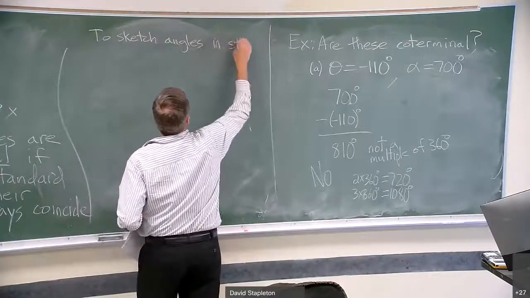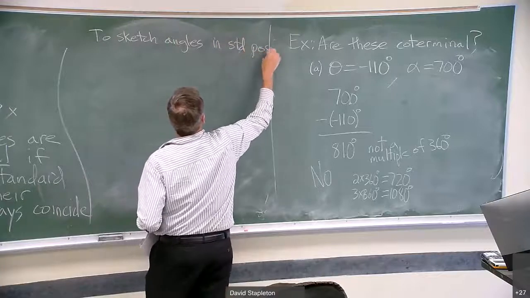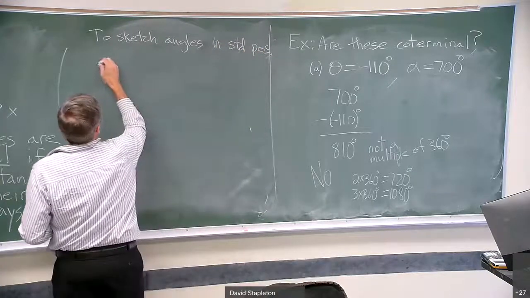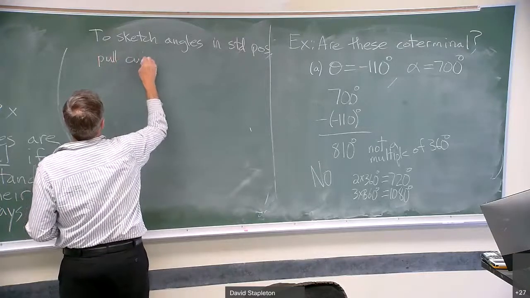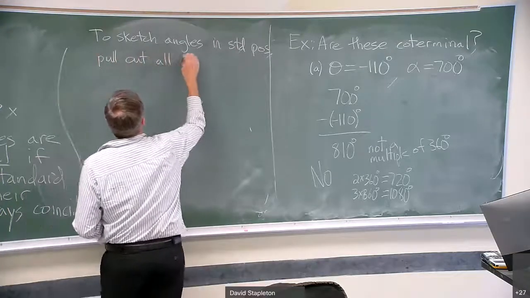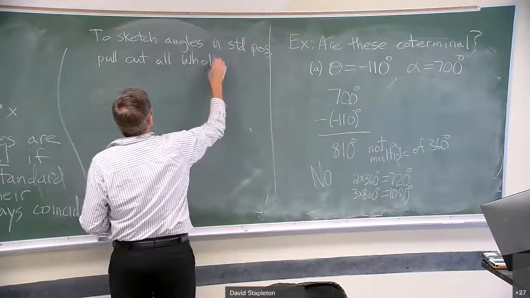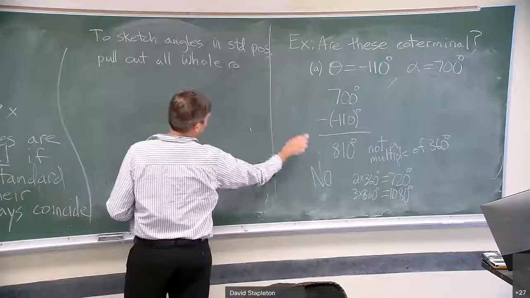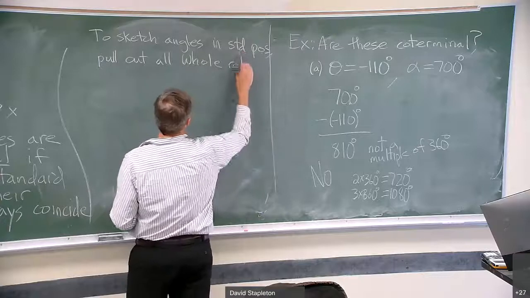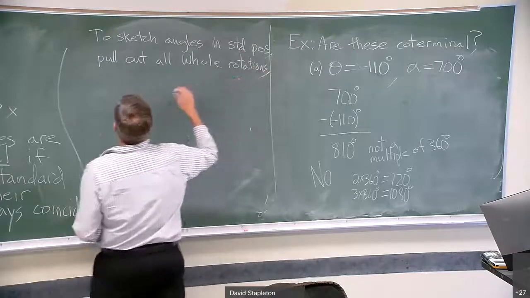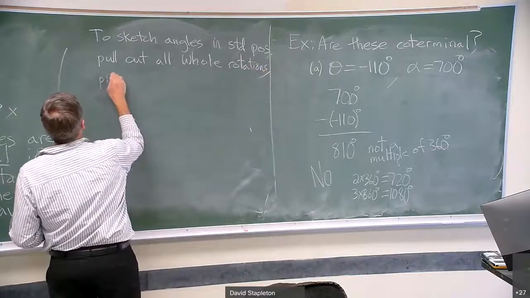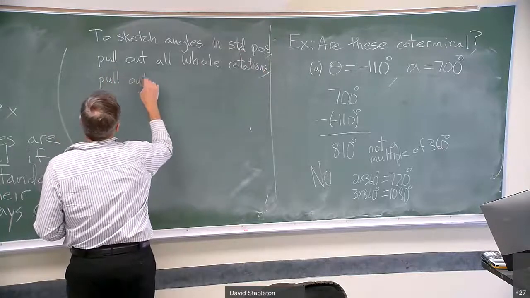Here's a common technique, standard position. First, pull out all whole rotations. This is another reason you memorize these first couple multiples of 360. Then pull out any straight angle if there's one.